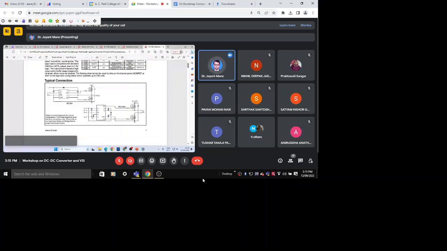A functional controller or any other can provide 50 hertz at the output voltage, which will automatically generate waveforms.